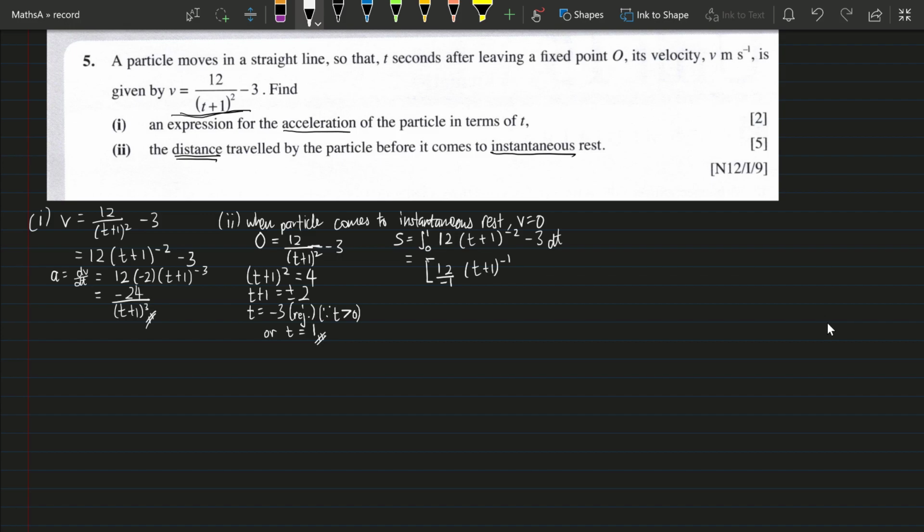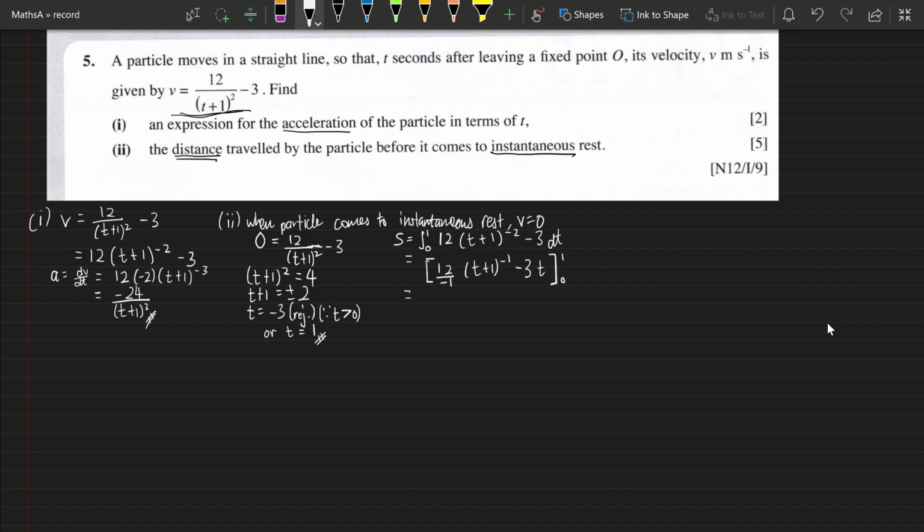So you need to divide by negative 1, but dividing by negative 1 is still the same thing, so I just don't bother writing it. And then here we are going to have negative 3t, when I integrate a constant. So from 0 to 1.